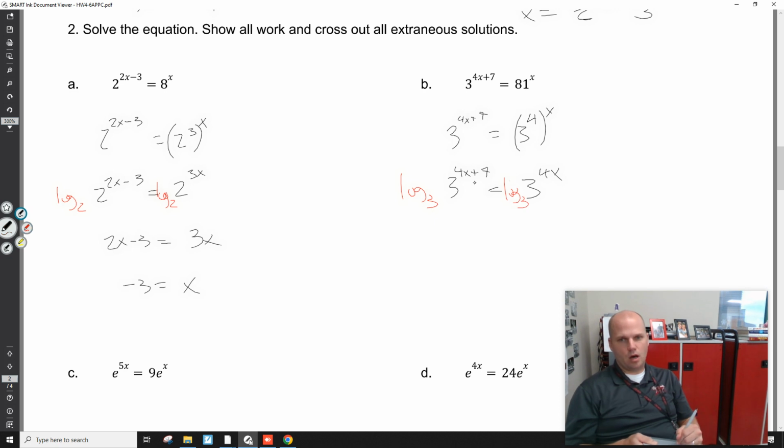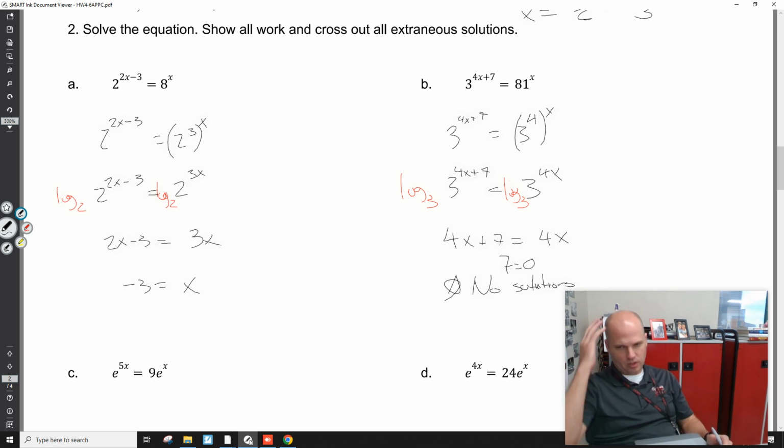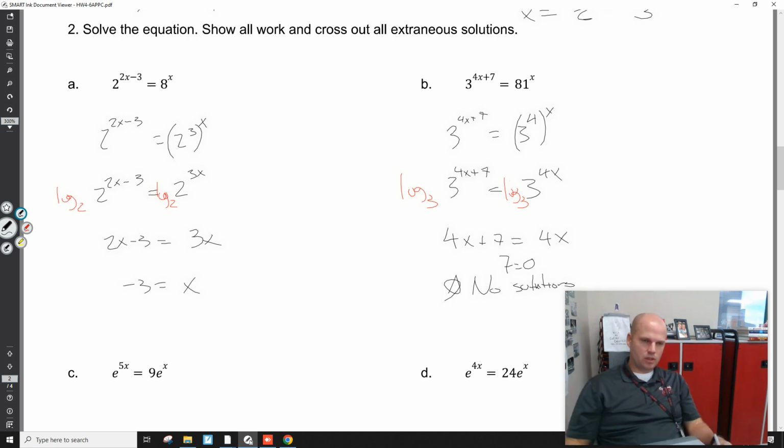Many of you will say, well, if it's the same base, then the inputs have to be equal. I get 4x plus 7 equals 4x. I get no solutions, which is possible. You'll get 0 equals 7. Not true. No solutions.